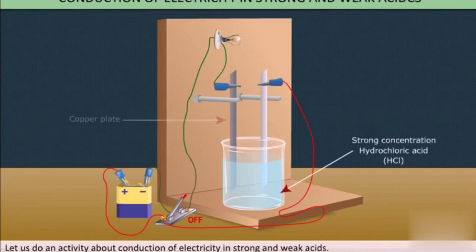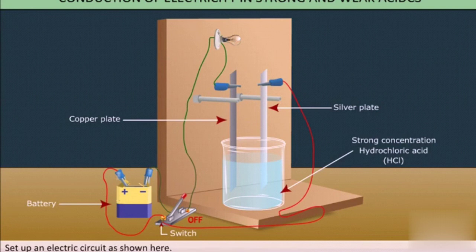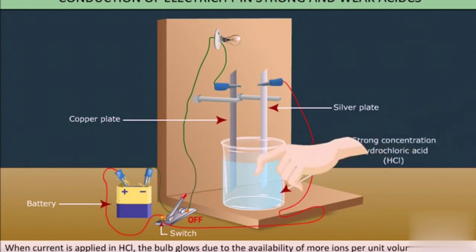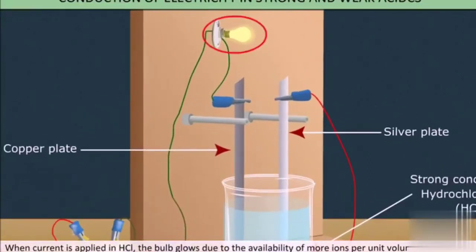Let us do an activity about conduction of electricity in strong and weak acids. Set up an electric circuit as shown here. When current is applied in HCl, that is hydrochloric acid, the bulb glows due to the availability of more ions per unit volume.